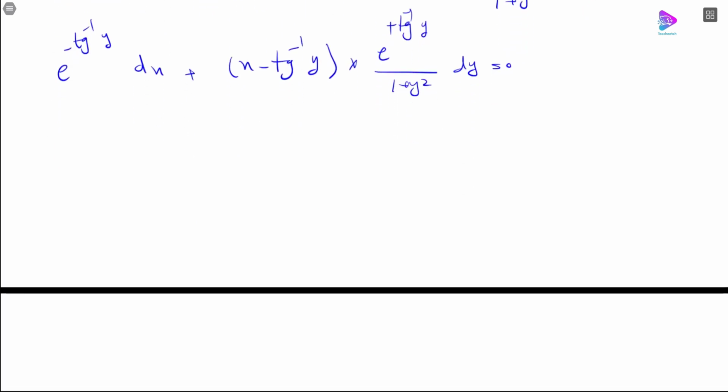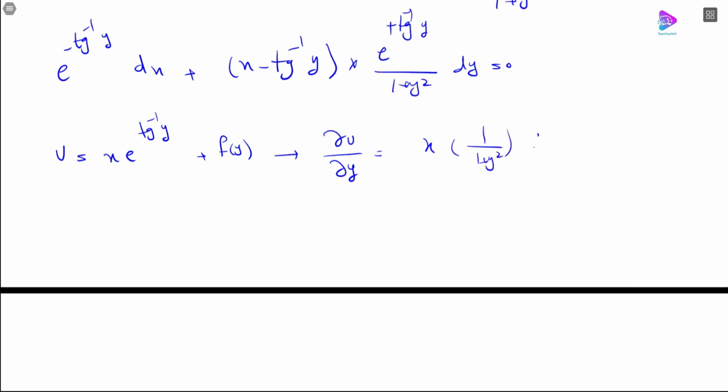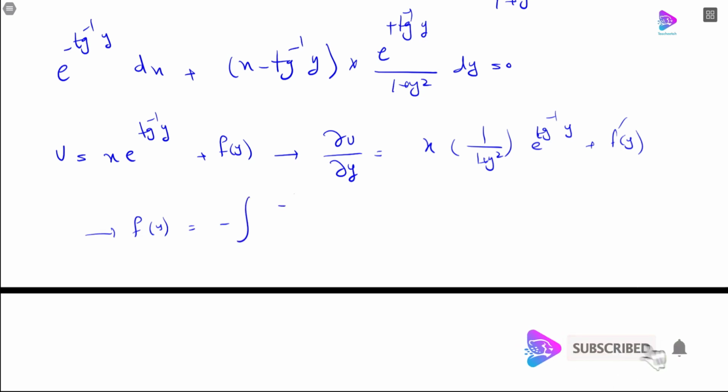To solve this, we know from before we need to create u as x e to the power of tan inverse y plus f of y, and then from here du over dy is equal to x times 1 over 1 plus y squared e to the power of tan inverse y plus f prime of y, and then from here we find f of y to be the integral of minus tan inverse y over 1 plus y squared.